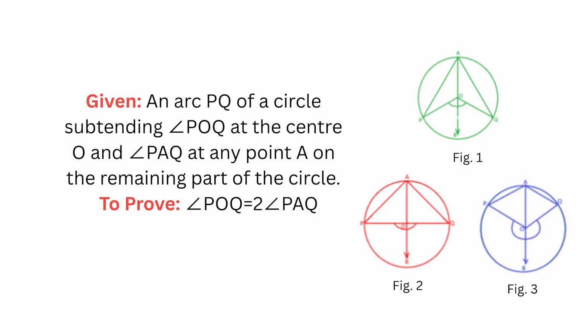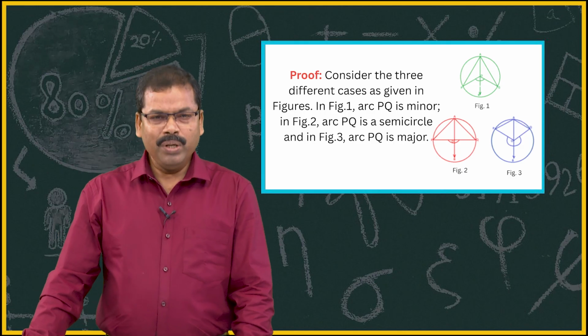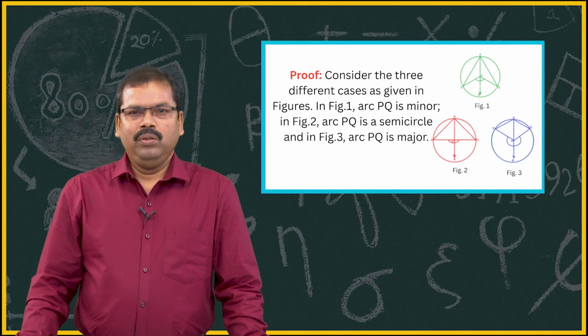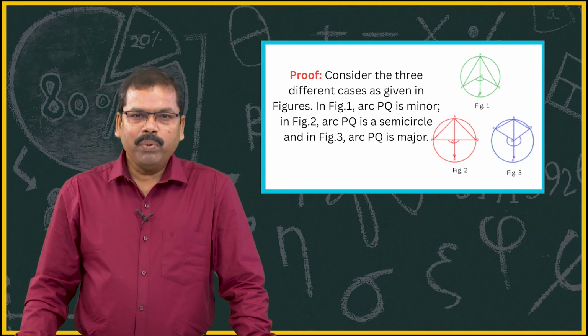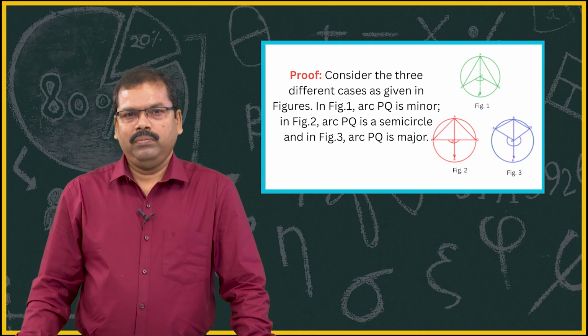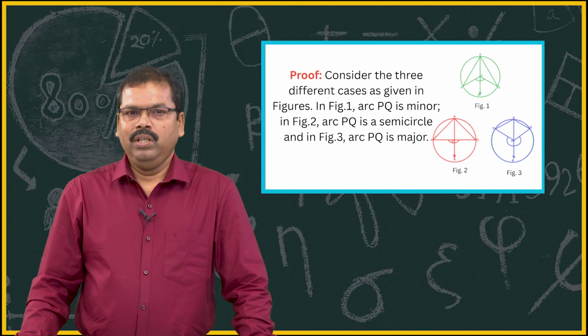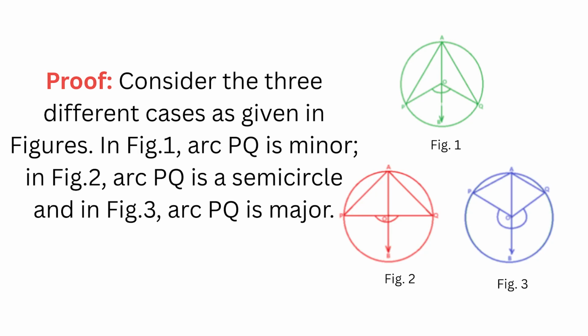You come to the proof part. Students, as I told earlier, we have to prove this theorem by taking 3 different types of figures. Consider the 3 different cases as given in the figures. In figure 1, arc PQ, observe carefully, is minor.